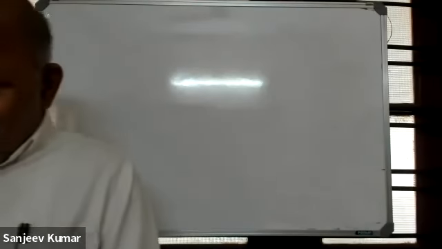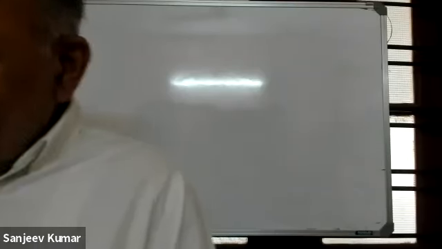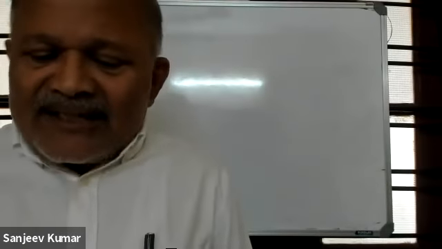Question: a process carried out by keeping the system and surroundings always at equilibrium is called?